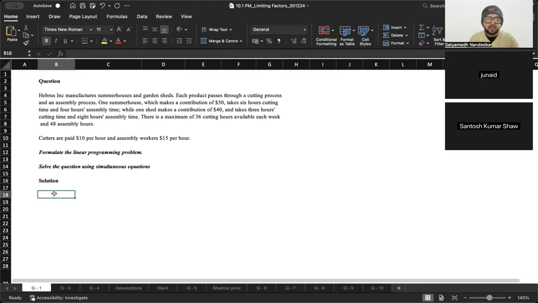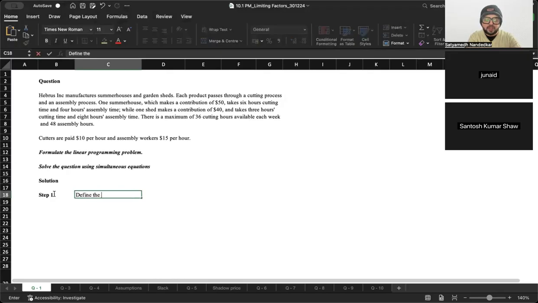First of all, whenever you have a situation of linear programming, even if you don't have to plot it on the graph, or you just want to find out the optimal solution, the first step should always be to define the variables. A variable is something that varies, something that changes, something that you don't know exactly right now. And what do you not know exactly right now?